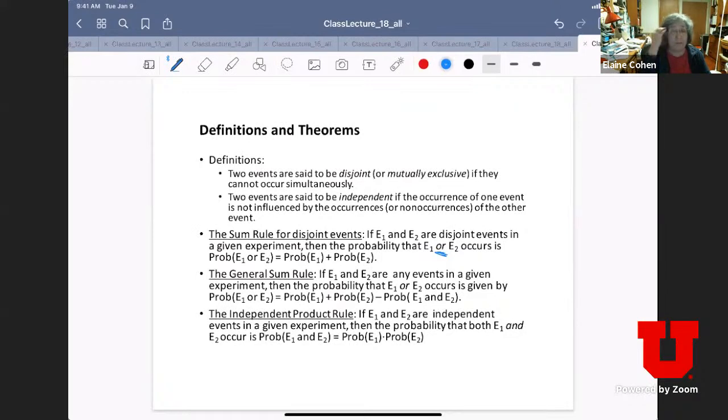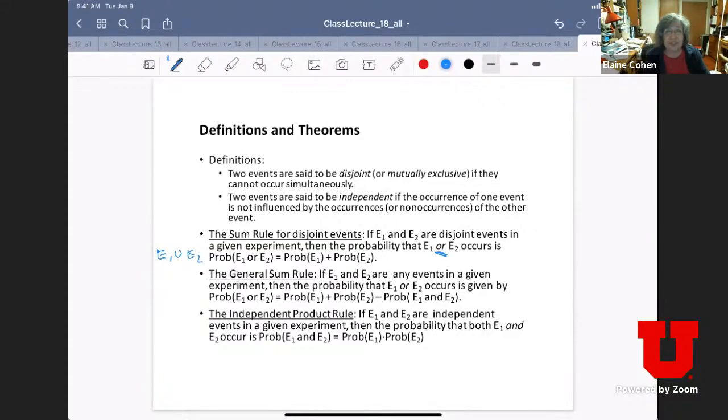Now we're going to jump in using some set theory. Remember last time I said I didn't want you to, but now we're experienced folks. So you can say E1 union E2, that's or. Or is like union.